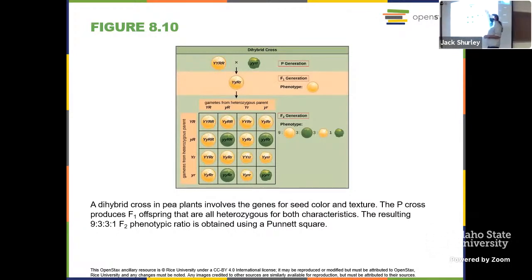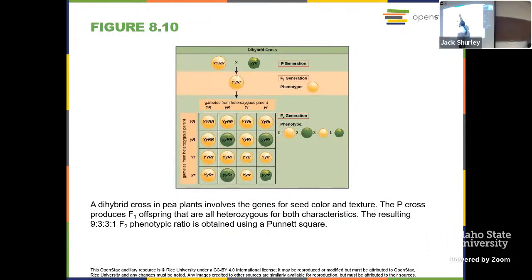So with the top of the figure, with that P generation, we've got 2 true breeding plants, yellow and round and green and wrinkled. And they've been self-pollinated a handful of times, and we always get the same stuff, all right?